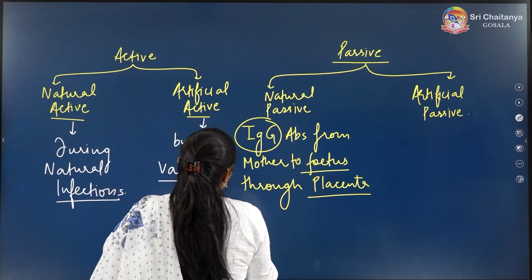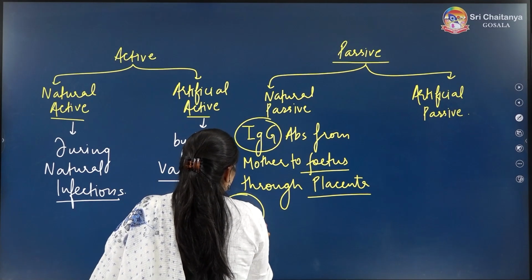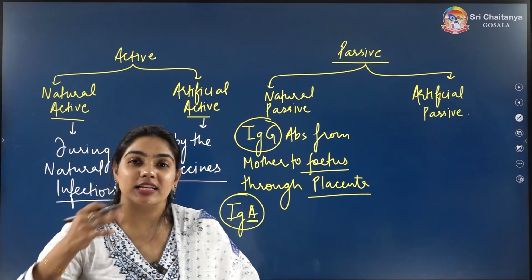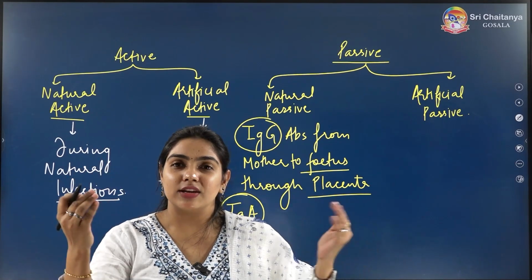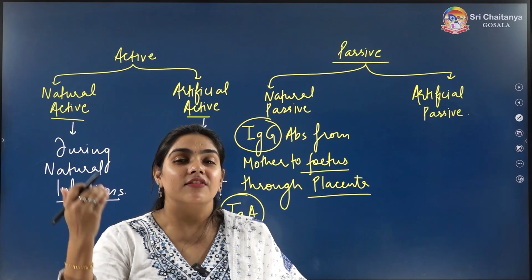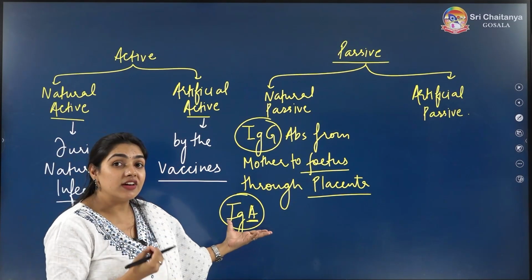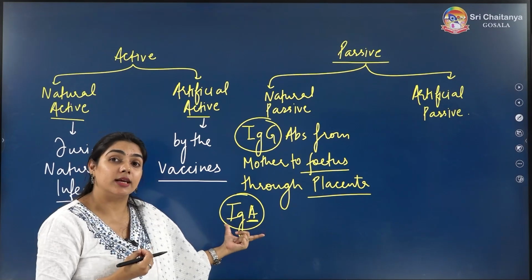Another example, IgA, A for apple. That's what you start learning in childhood. So when you start taking the breastfeed, the mother's milk, that milk is very rich in IgA antibodies.